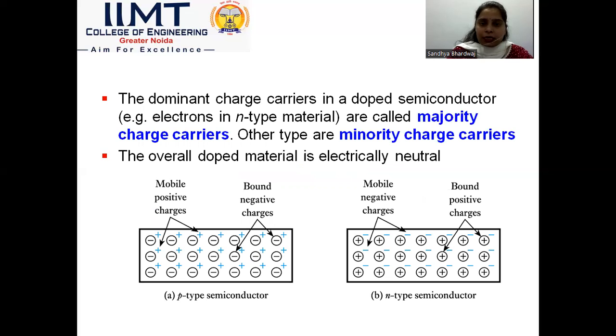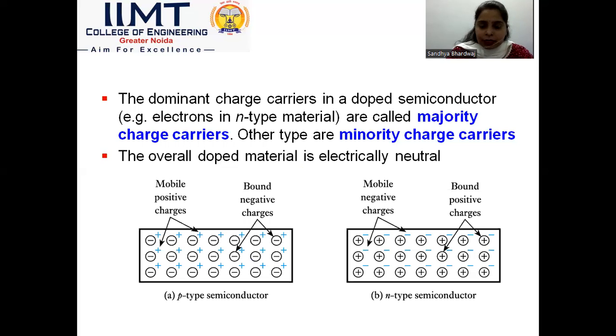The dominant charge carrier in a doped semiconductor, for example electrons in N-type material, are called majority charge carriers. The other type are minority charge carriers. For example, in a P-type semiconductor, the holes are majority charge carriers and the electrons are minority charge carriers.